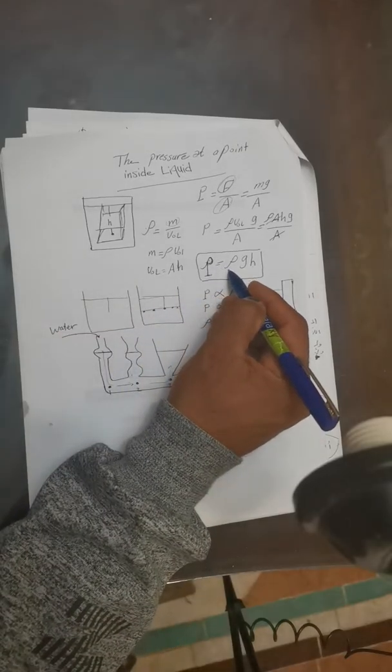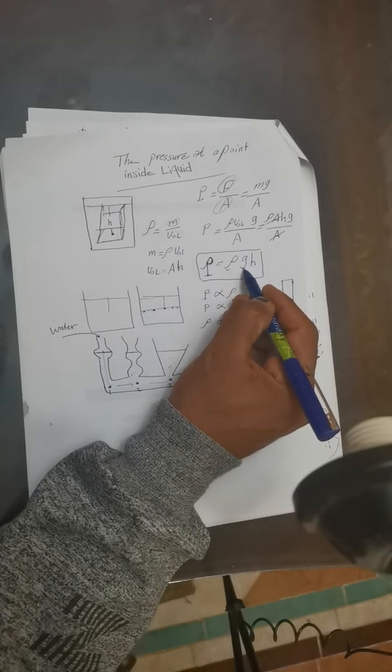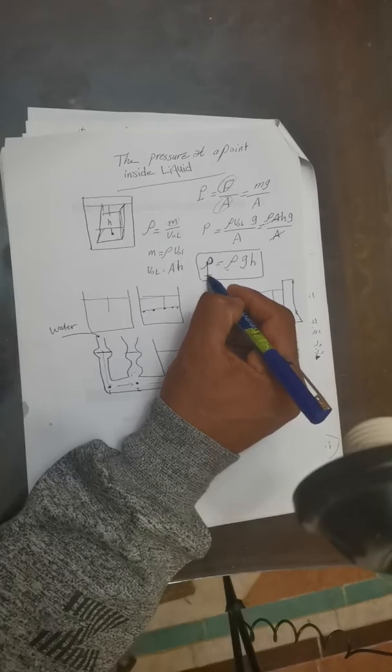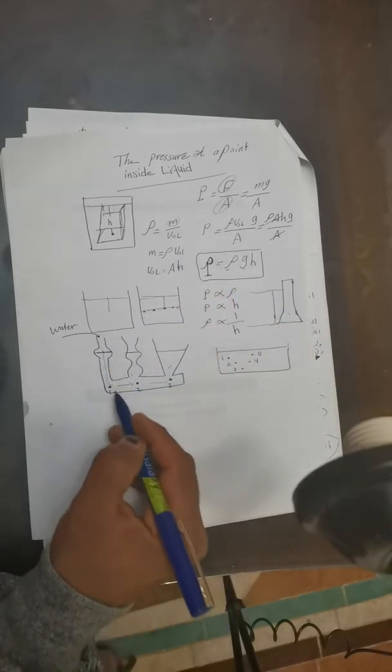Why? Because it's water. Water is a homogeneous fluid, has a constant density, and g is a constant, so rho is a constant, g is a constant, and P is a constant, because they have the same level.